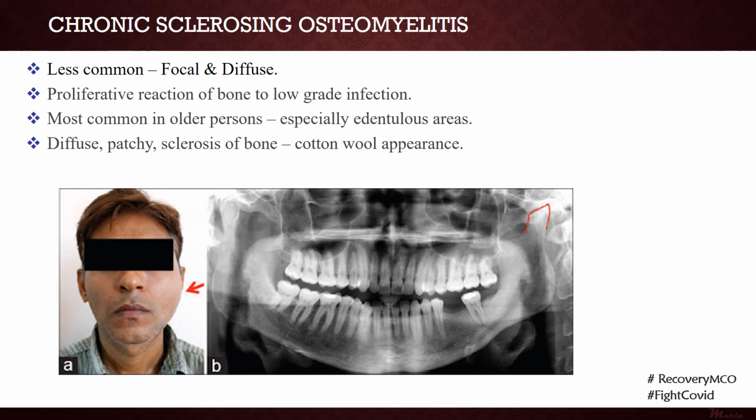These are generally a proliferative reaction of bone to low-grade infection, commonly seen in older individuals in the edentulous areas. The diffuse form presents as patchy sclerosis of bone, showing a cotton wool appearance. Clinically, the patient may reveal asymmetry as a result of swelling.